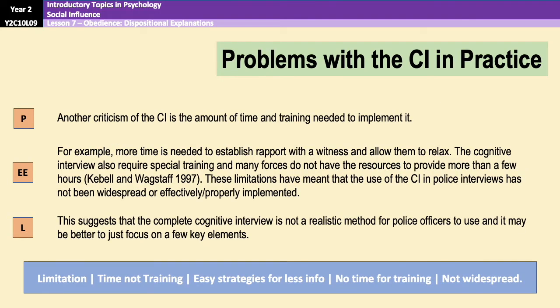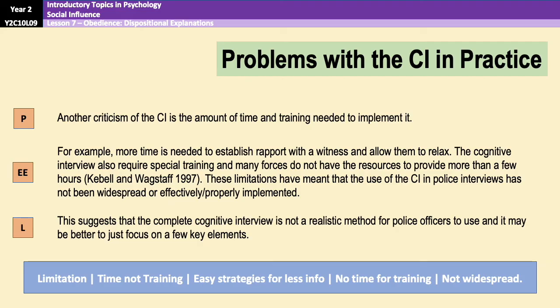And then as a final point, there is a little bit of an issue with the cognitive interview in practice, and that is that there is a great deal of time and training needed to implement it. So for example, you need more time to establish rapport with the witness and allow them to relax. You also require special training, and a lot of forces don't have the resources to provide more than a few hours.